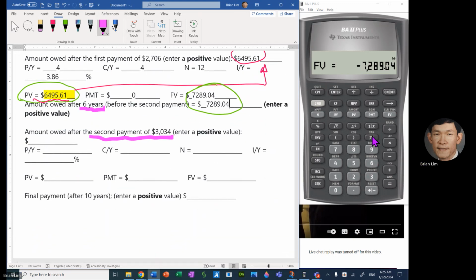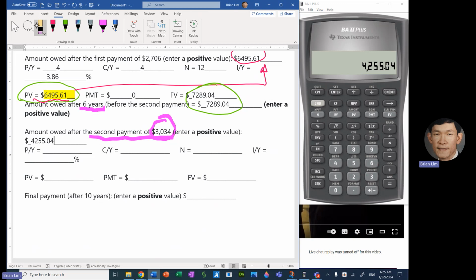We make this positive, plus minus, we subtract 3034, which is the number that is right here, correct? Yeah, that's this 3034. We press equal, we got 4255.04, and that is the number that goes in here, 4255.04.